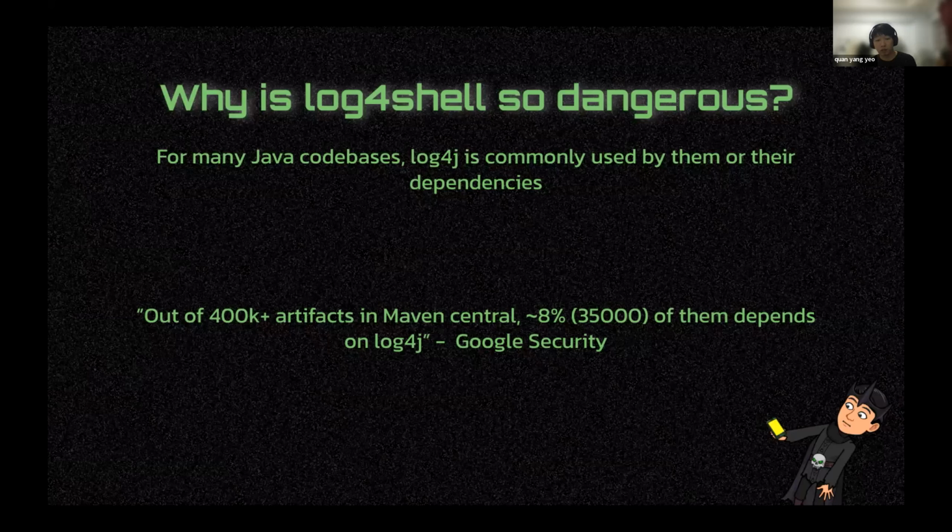This is in contrast to the average of about 2% of packages that are typically affected by a vulnerability, and the median is actually only 0.1% of packages typically affected by a vulnerability in Java. So that 8% is an astronomical number here.